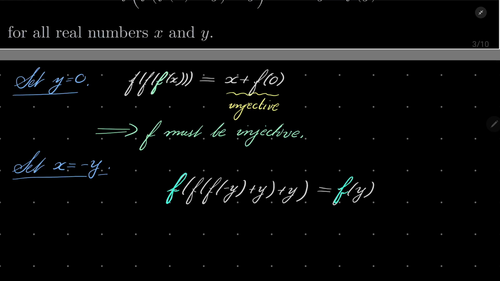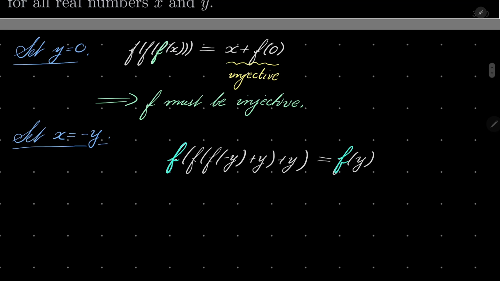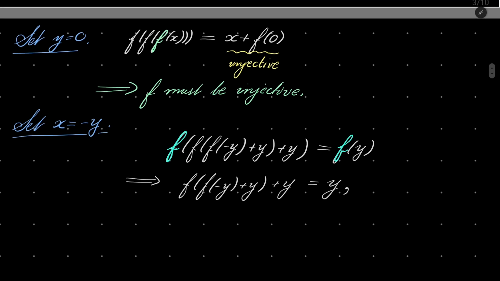Now we'll use injectivity. Since our function is injective, we can cancel this outer occurrence of our function by injectivity. So we have now f of minus y plus y equals y. Is it right? It is. And that means that f of minus y plus y equals 0.